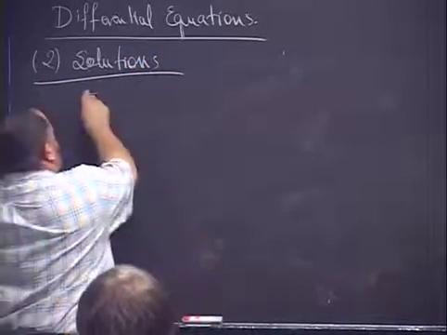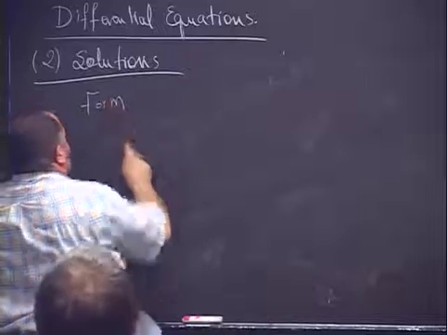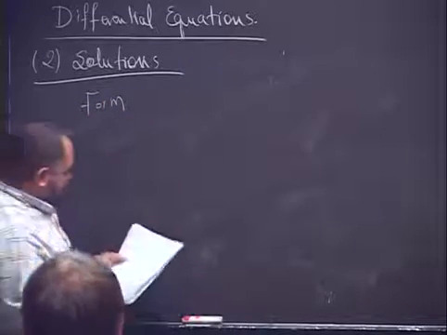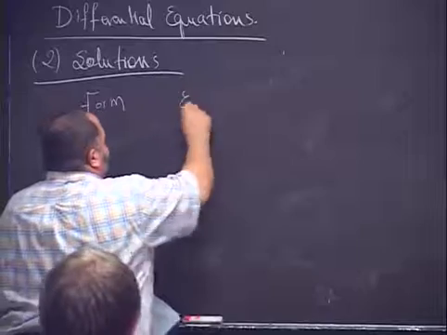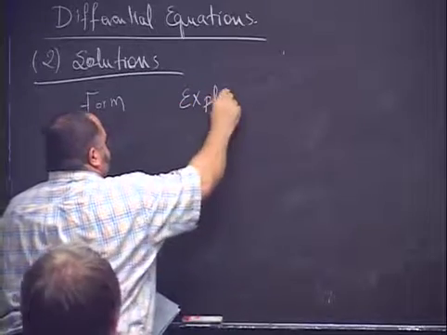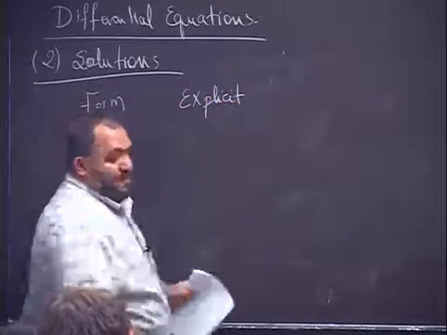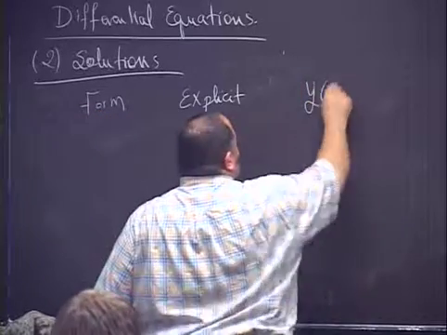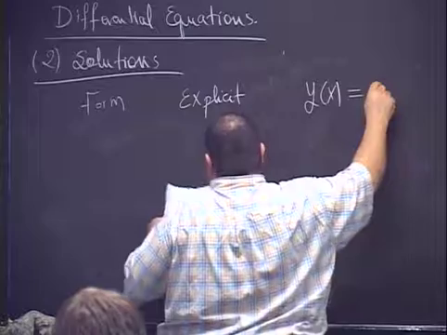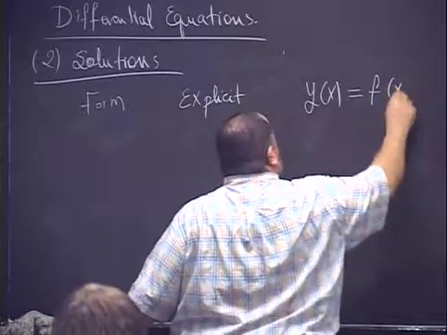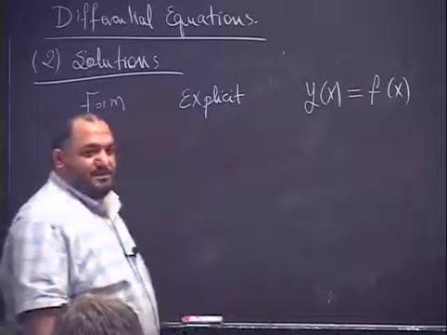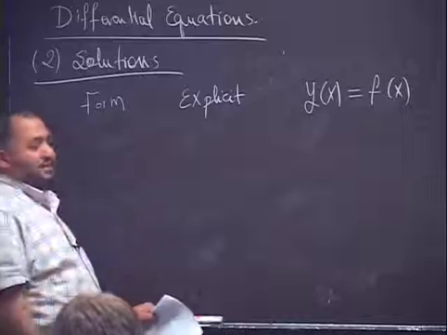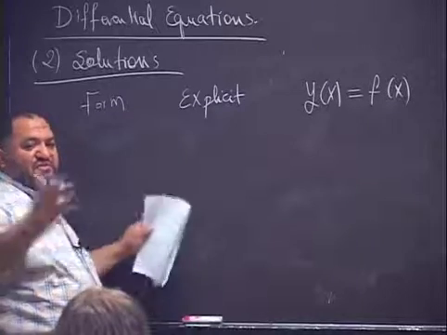So usually the solution will be in two different forms. One is called explicit. What do we mean by explicit? That you can separate y of x from all the x's. So this will be y of x equal to a certain function of x.